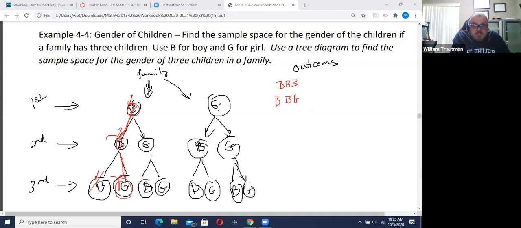I use both of these up, so now I'm going to do this side. Boy, girl, boy. I could have boy, girl, girl. And that's pretty much it for boys being the first. Do you see there's no other path of the tree that I can take for boys being the first?